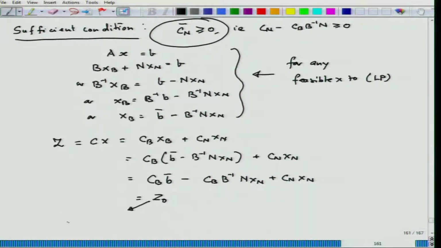So, Z naught is the optimal solution. I should write Zb. So, Zb is the objective value when the basis matrix is B, which is the case.